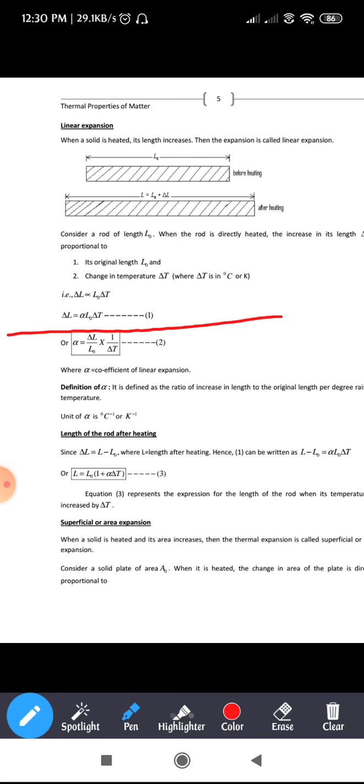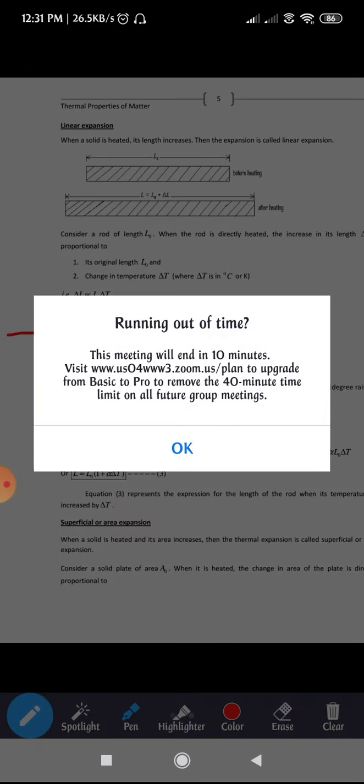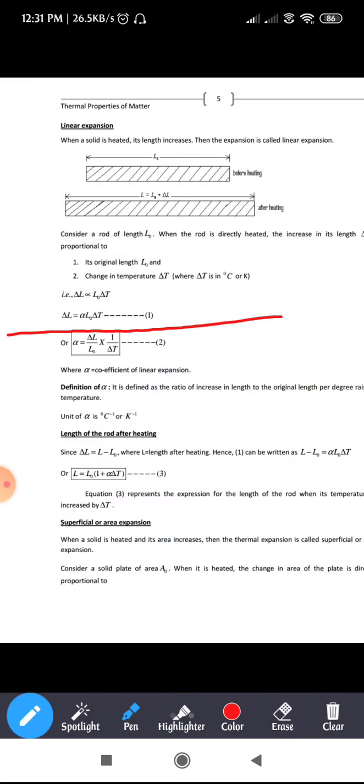The same equation can be written as alpha equals delta L divided by L naught delta T, which is represented as equation 2.